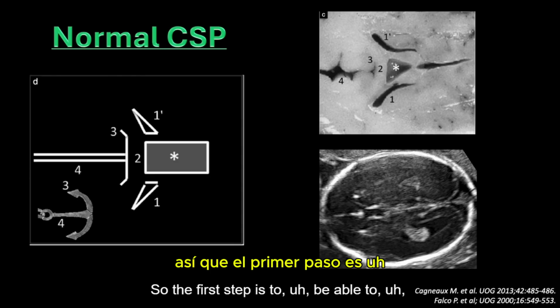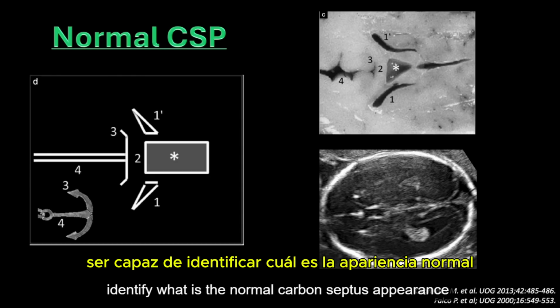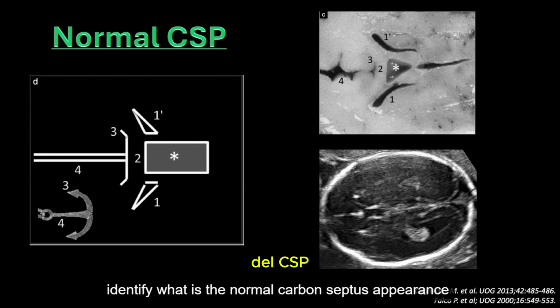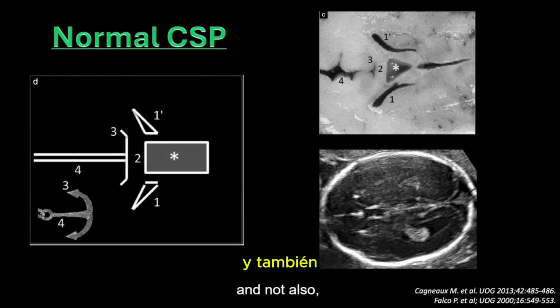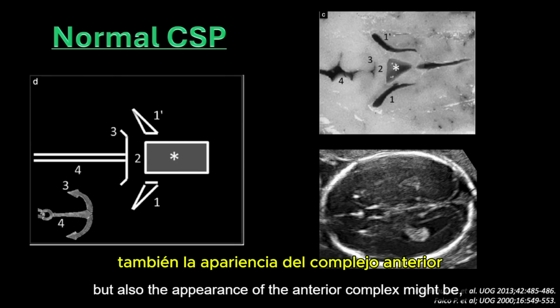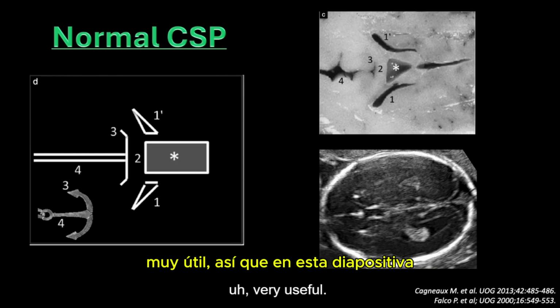So the first step is to be able to identify what is the normal cavum septum pellucidi appearance, but also the appearance of the anterior complex might be very useful.